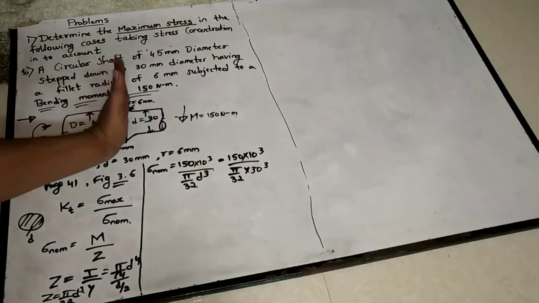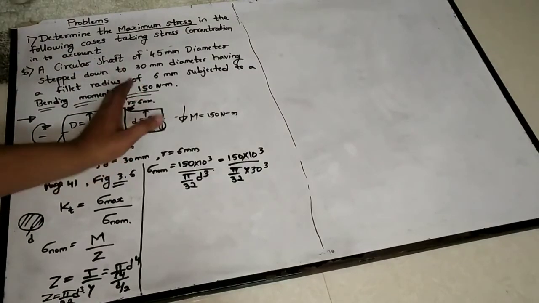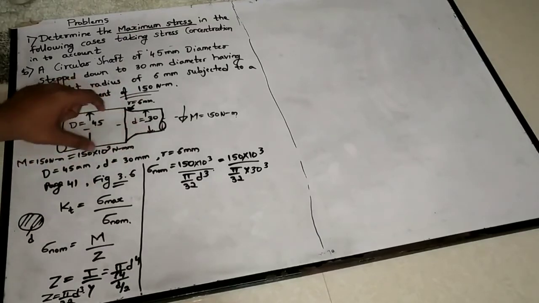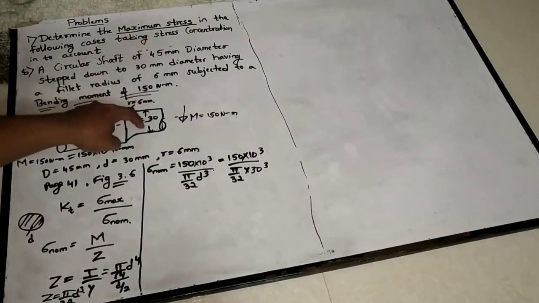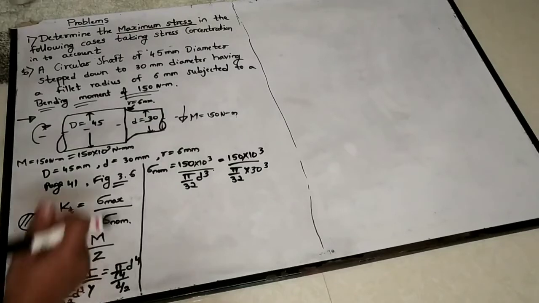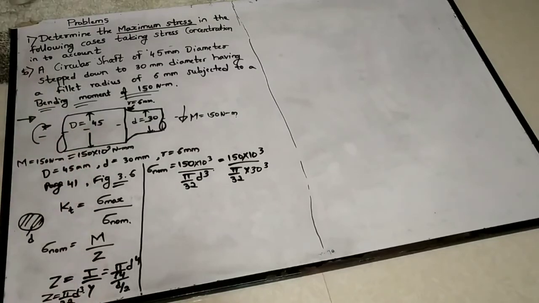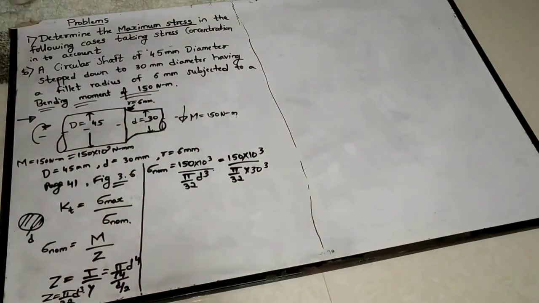So this is your critical section, where the fillet is there. But that fillet is common to this also, this also. But the minimum cross-sectional area you will get when you take this 30 as the diameter, not this 45. I hope it is clear. That is why I am taking this d as 30, not 45, because we are designing for a critical section, that is minimum cross-sectional area. Correct?